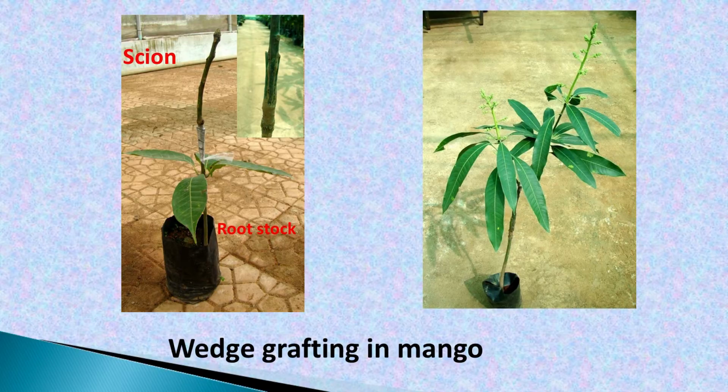And once the rootstock is established with the scion, the plant becomes continuous, and we can see the beginning and the end. The photo on the right shows a small grafted plant that has flowered.